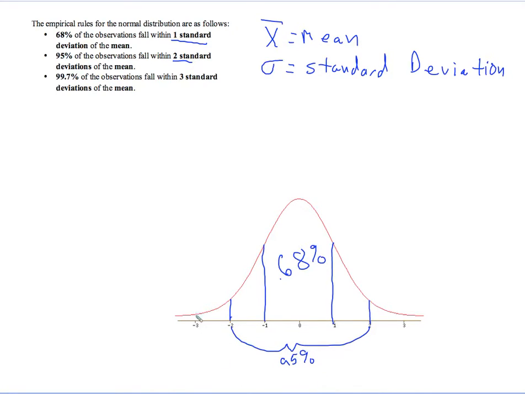And then within three standard deviations, so from here to here, that's 99.7% of your data.